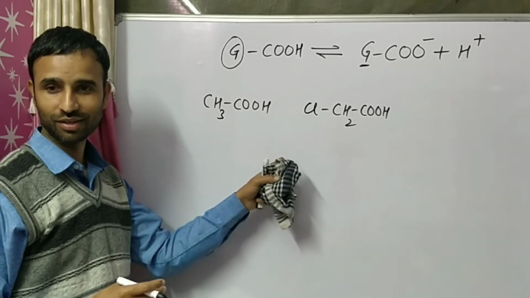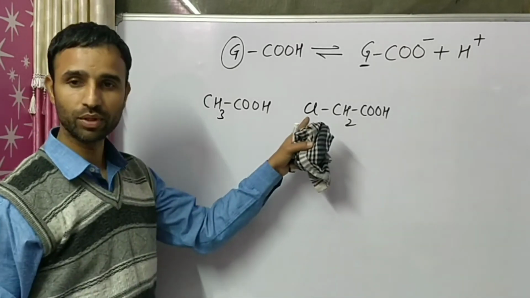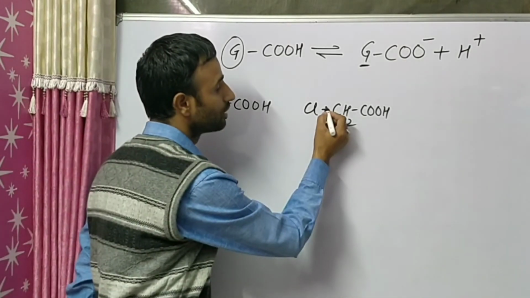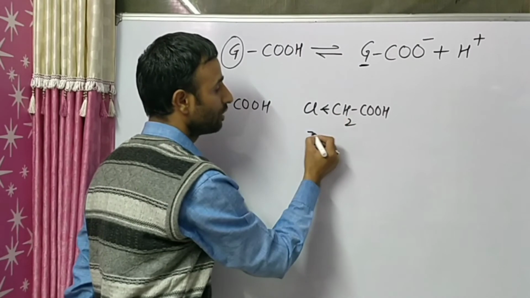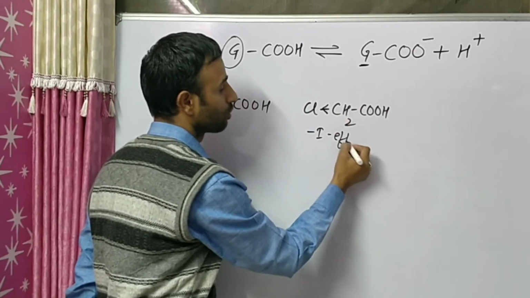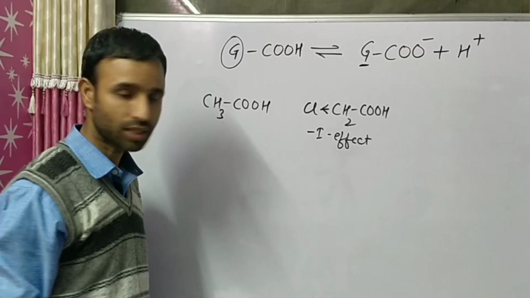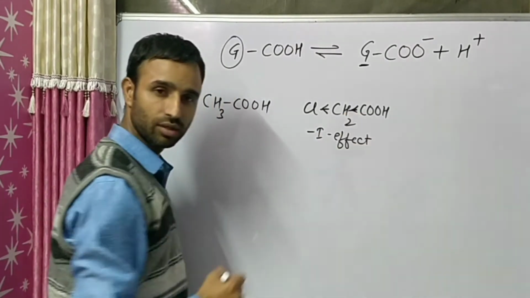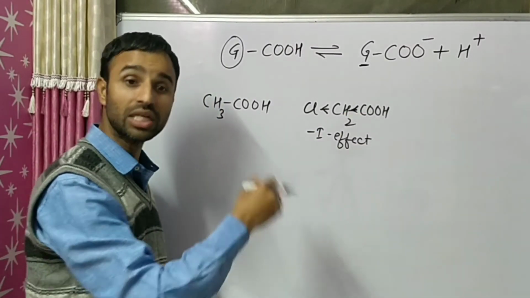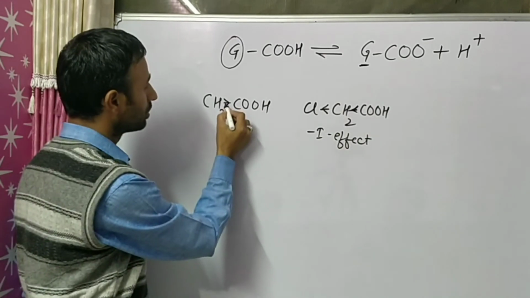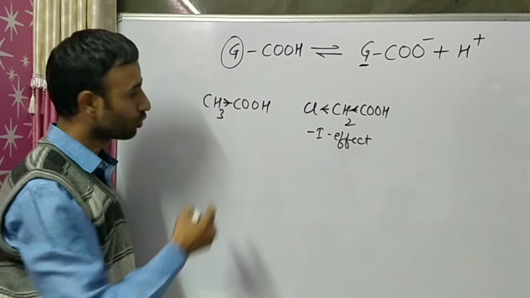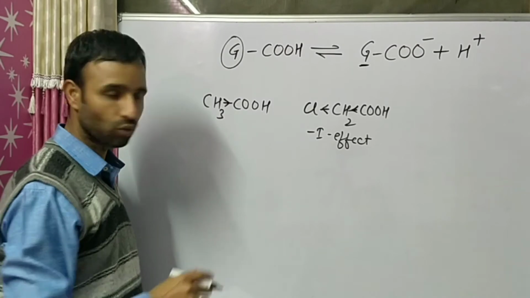Chloro, very good, because chloro has minus I effect. As it is withdrawing, acidic strength increases, and this is releasing, so acidic strength is low.